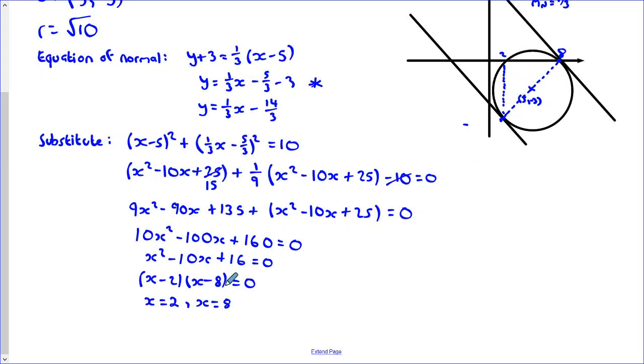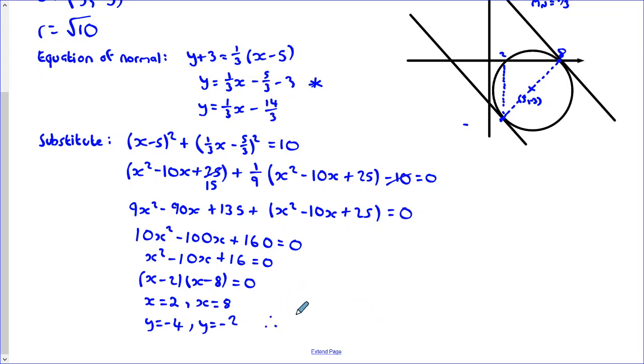So I'll need to substitute these into the equation of my straight line, or into the circle. A third of 2, take 14 thirds, would give me negative 4, and then substituting 8 in, 8 thirds, take 14 thirds, leaves me with minus 2.